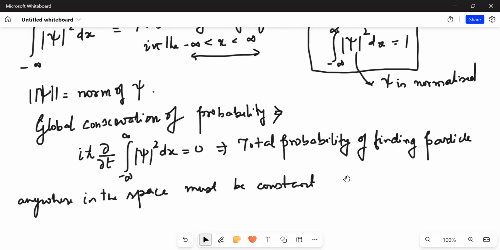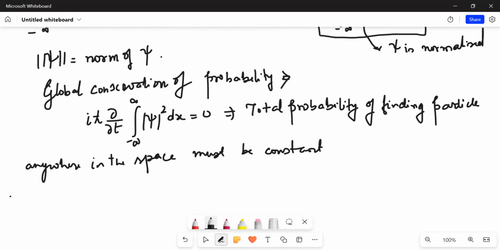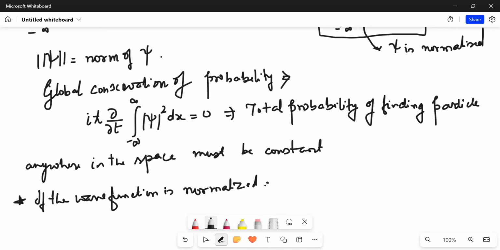What does it assert? It asserts that if the wave function is normalized at t equal to 0, then it remains normalized for all future times.